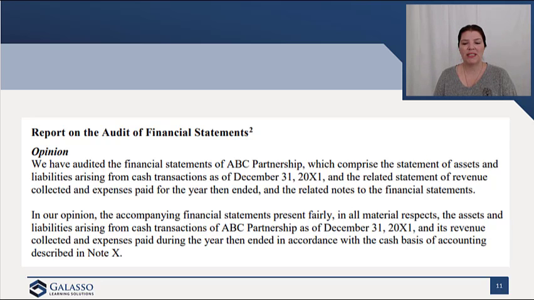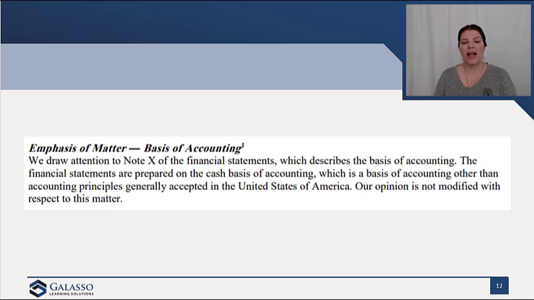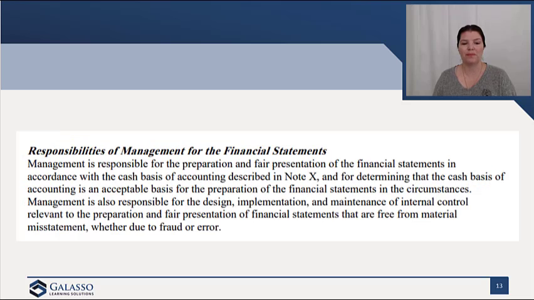You'll notice the opinion reads very similarly in all material respects, and then it says in accordance with the cash basis of accounting described in note X. We then have our emphasis of matter, basis of accounting paragraph here that explains that we are using a different basis of accounting and that we're not modifying our opinion, that it's an other than a GAAP type of report.